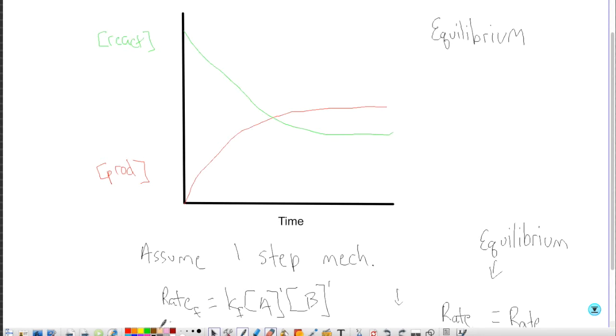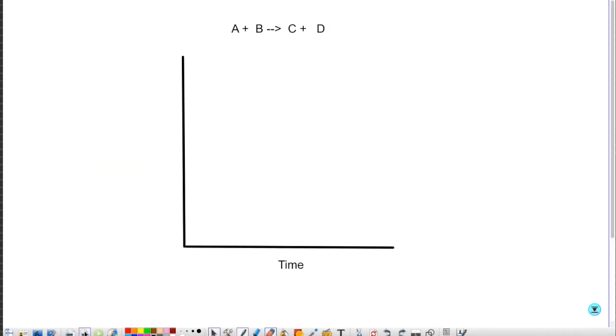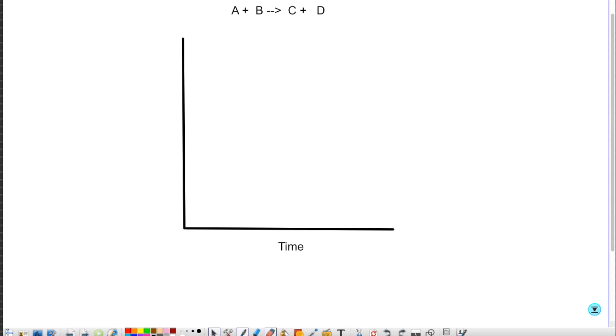Okay, so the interesting thing here is if I make a graph of the rate of the forward reaction versus the rate of the reverse reaction. The reverse reaction, as we said, should start at 0 and increase.